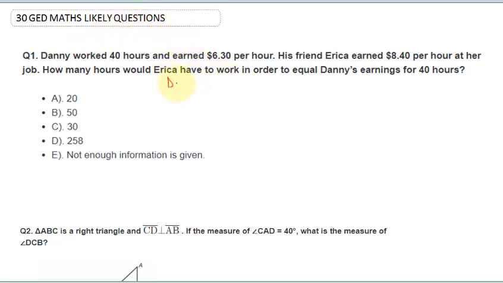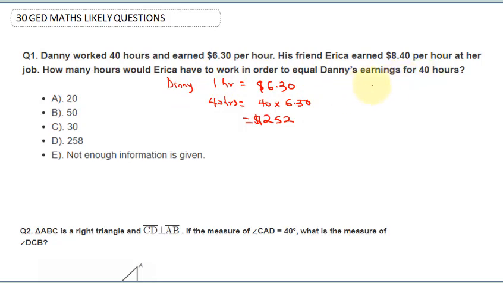Okay, now for Danny, for every 1 hour, he earns $6.30. Then that means in 40 hours, he's going to earn 40 times $6.30. And that's going to give us $252. Now, for Erica, it says, how many hours would Erica have to work in order to equal Danny's earning for 40 hours?